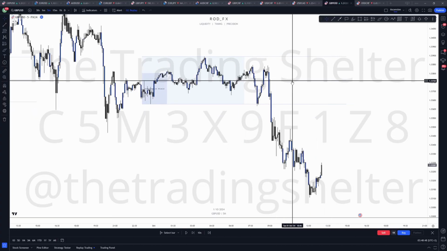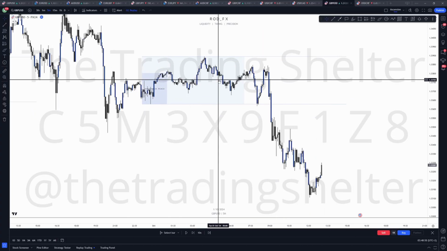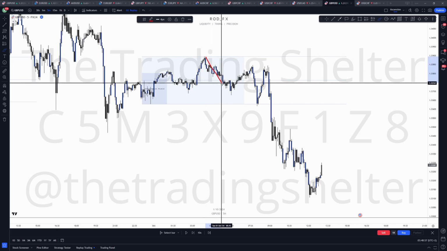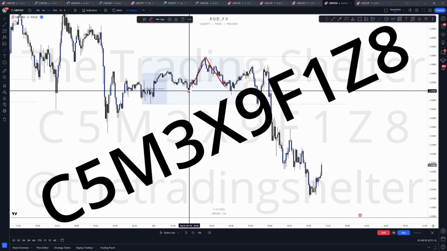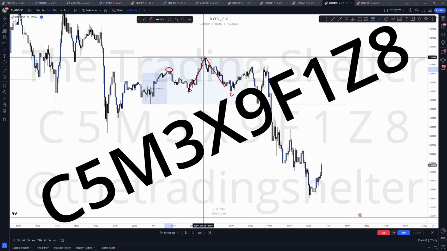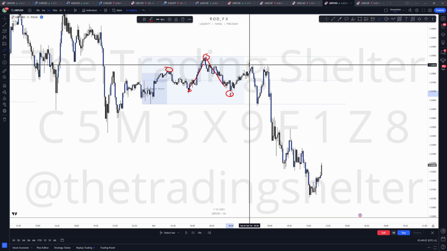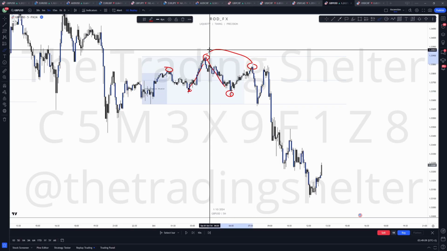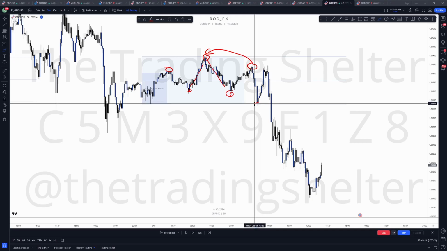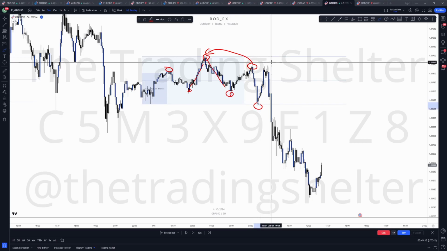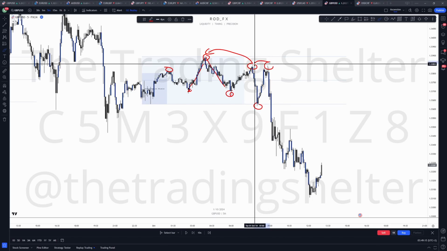As you can see here, we don't have any FBOSs. Just coming out here, close below of this, ignore this crap here. Higher high, higher low, higher high, doesn't close above this one, higher low, right? Higher high, doesn't close above this one.